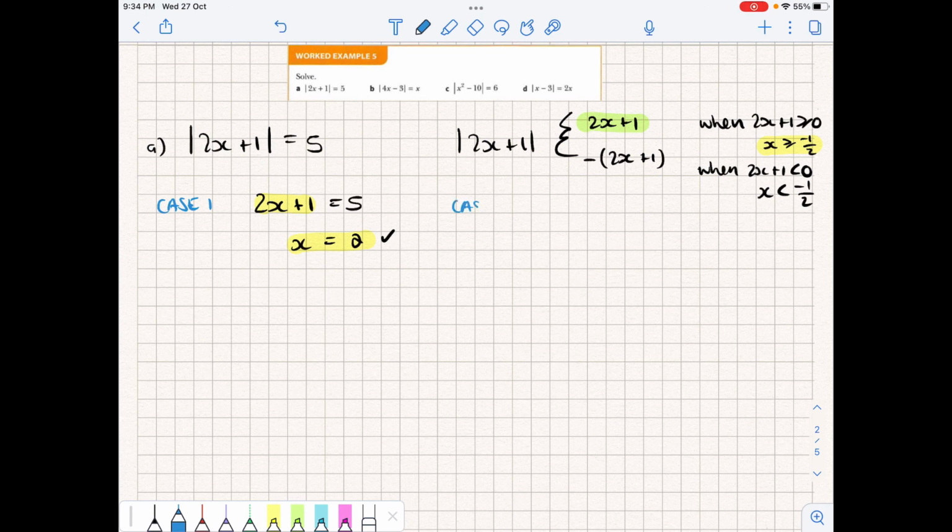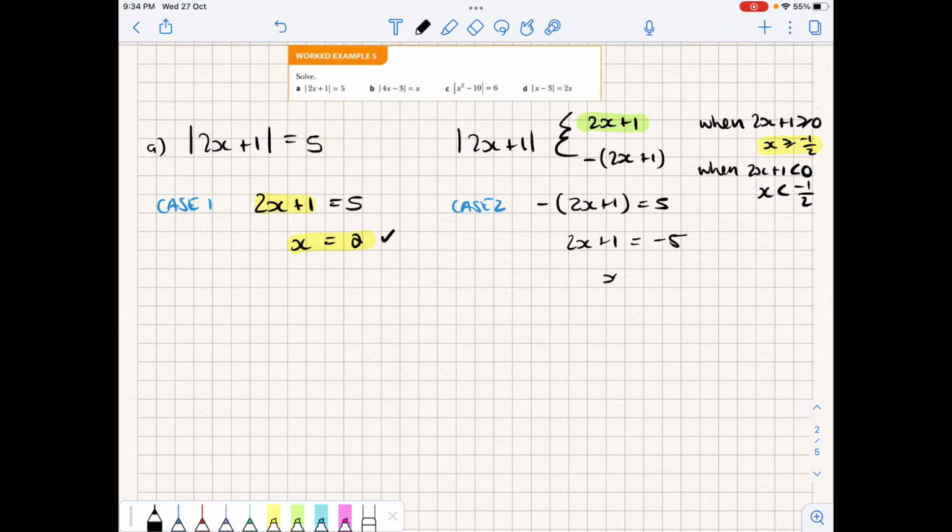And now we can consider case 2. This will be the negative case. So if 2x plus 1 was negative, we would need to make it positive. And in order to do that, we'd put a minus sign into it. And this is still equal to 5. So we'll divide through by the negative. We'll get 2x plus 1 equal to minus 5.